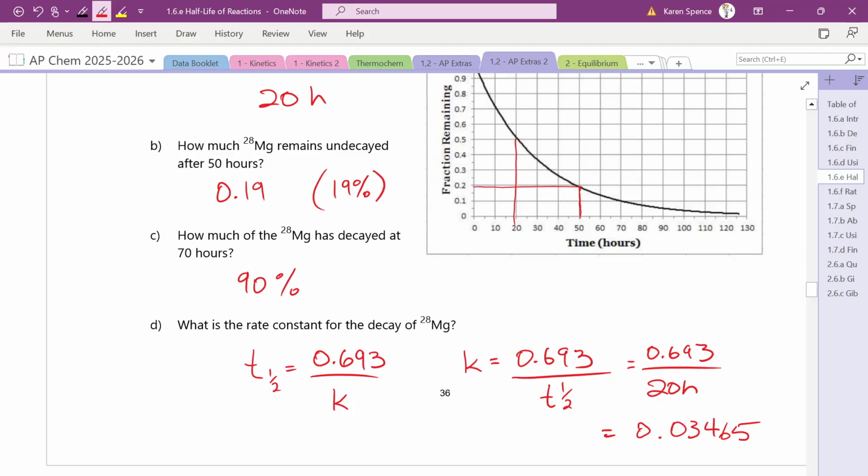Not quite good. What have I done wrong? I need what? Is it 0.08? Did I do it wrong?